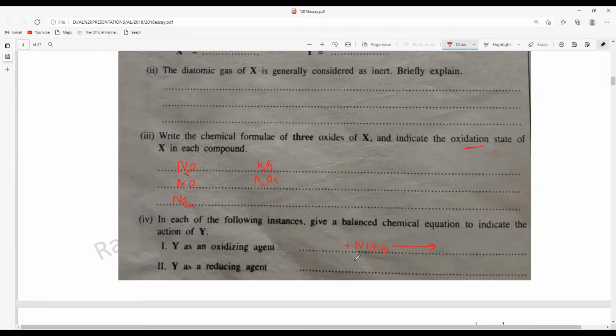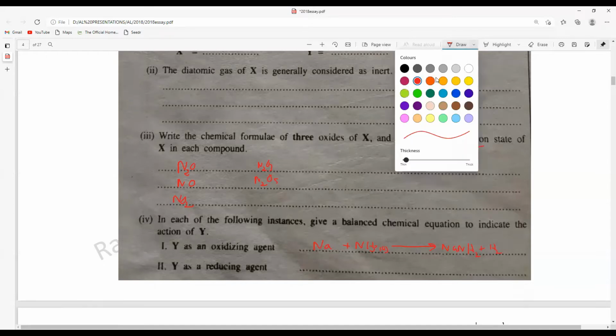What do you think? Can you think about the reaction of sodium with ammonia, if you remember? So sodium with ammonia gives you NaNH2 and will liberate hydrogen, right?